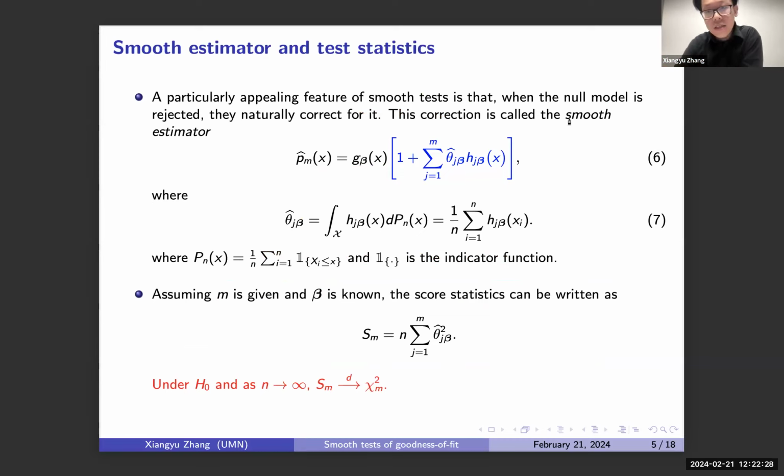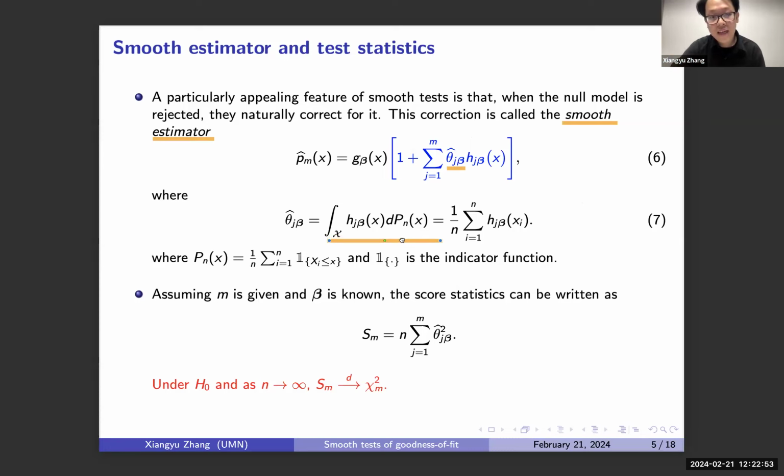This correction in statistics is called the smooth estimator, and it is defined exactly as in the last equation, but the estimators here get estimated. Previously we mentioned that this theta J beta is unknown because it is the inner product, this equation, but with dPx, and P is our unknown distribution function.